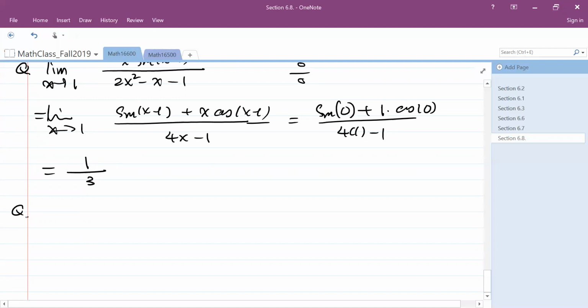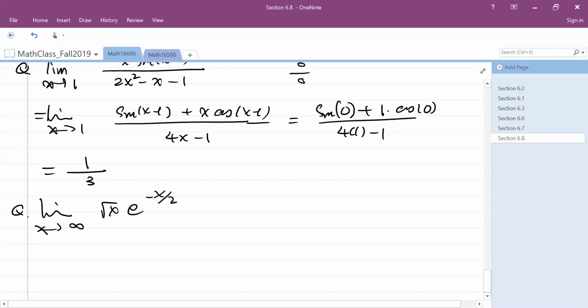Okay, so find the limit as x approaches infinity of the square root of x times e to the negative x over 2. Okay, this is a product of two functions. I cannot apply L'Hopital's rule directly to this problem.